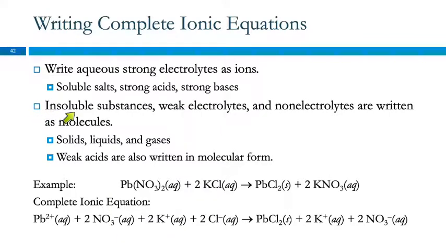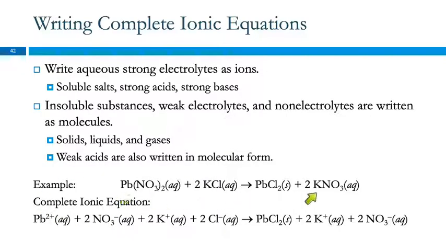Anything that's insoluble, a weak electrolyte, or a non-electrolyte is going to be written as a molecule. So these would include solids, liquids, and gases. There are a few things that are aqueous that are not written as ions, but those are the exception rather than the rule. Weak acid is really the only one you need to be aware of.